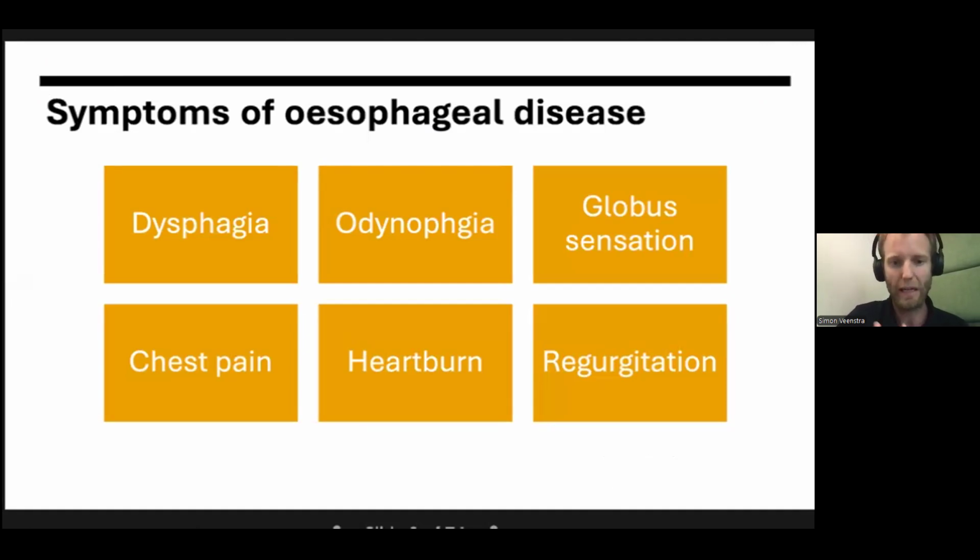Globus sensation is that feeling of a lump in the throat that persists even when not eating or in the act of swallowing. And then there are associated symptoms as well, like chest pain, heartburn, regurgitation. Teasing out all the details related to that is very useful in pointing towards potential underlying etiologies.